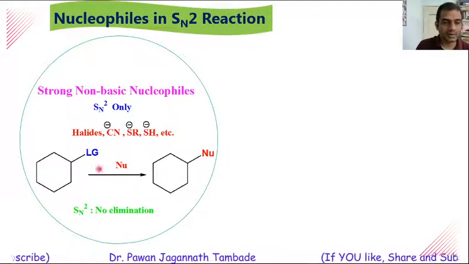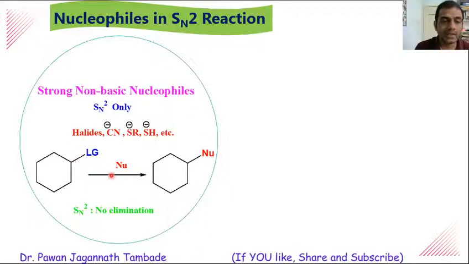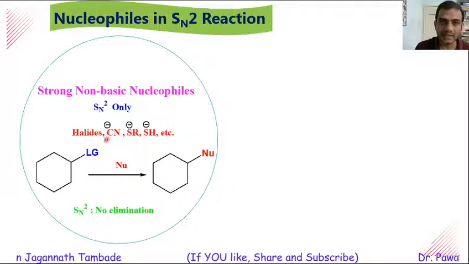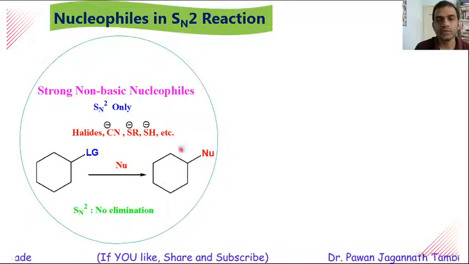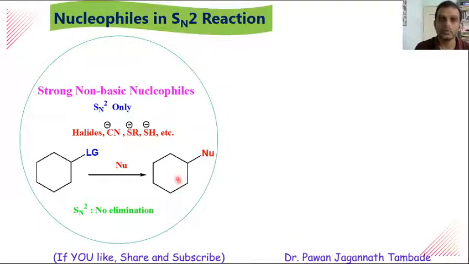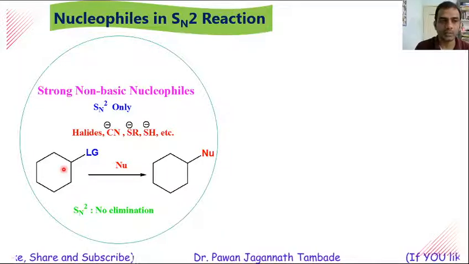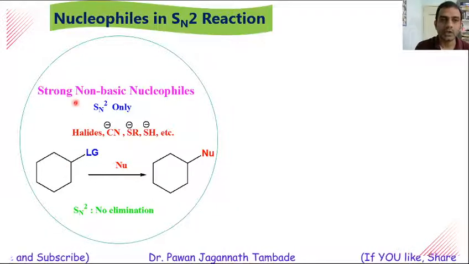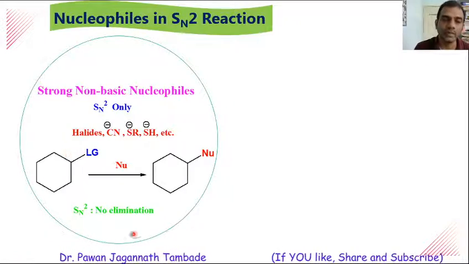Consider this general example where this is the leaving group, and when it is allowed to react with nucleophiles like halides, cyano or all these types, then it undergoes nucleophilic substitution reaction by the SN2 path. In this case, there is a possibility of elimination reaction, but because the nucleophiles are non-basic, this substrate does not undergo elimination reaction.